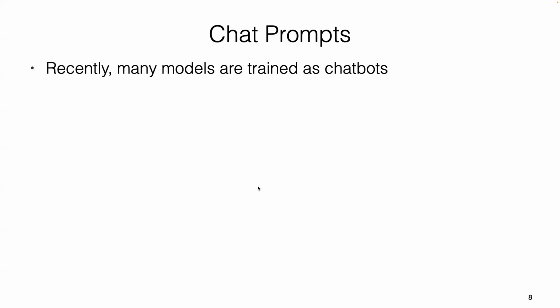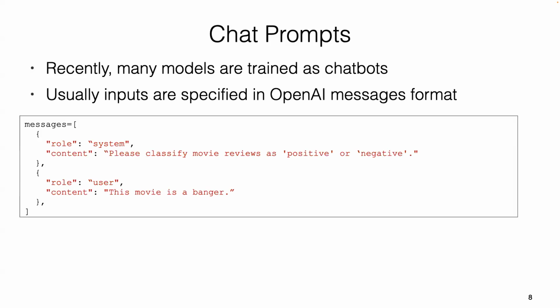We'll go into the details of this fine-tuning procedure in the fine-tuning lecture. But basically, these models are trained nowadays so that they can have multi-turn conversations. And then as a user, you can provide inputs to them through this message format.